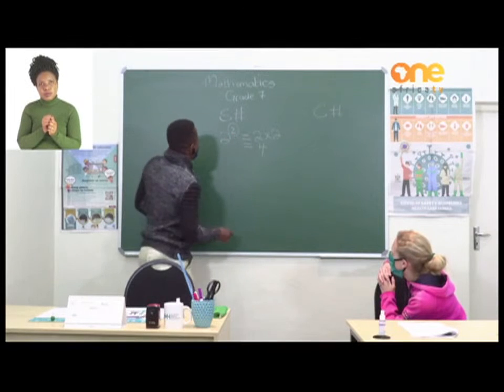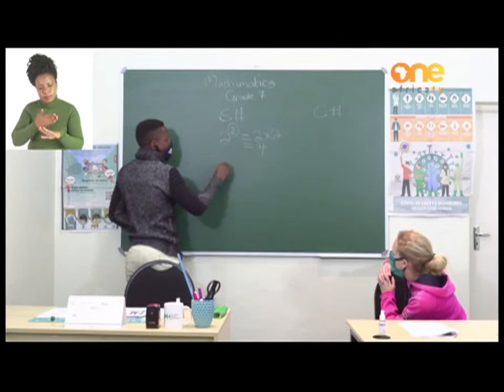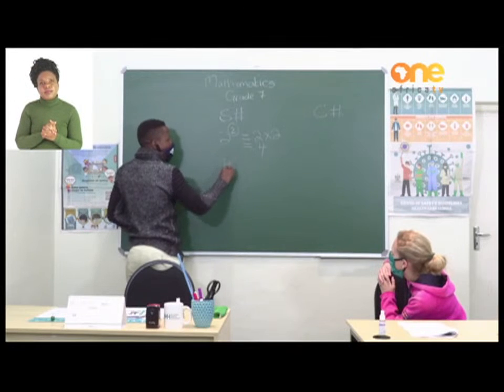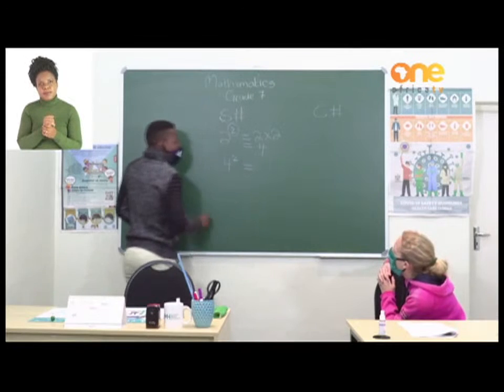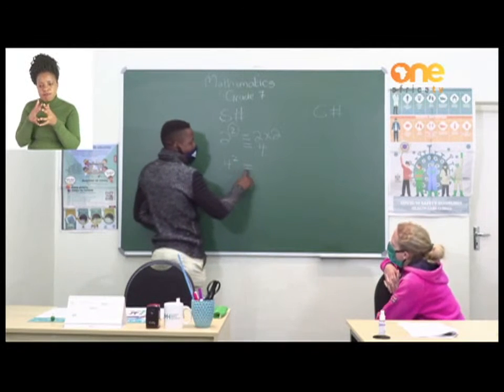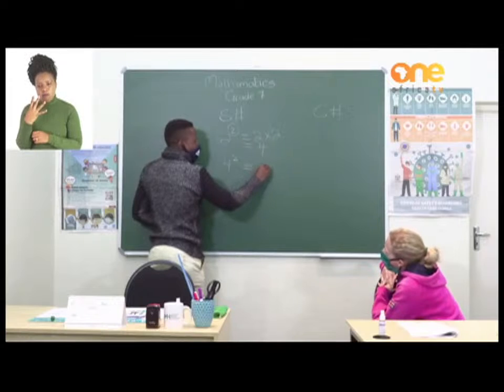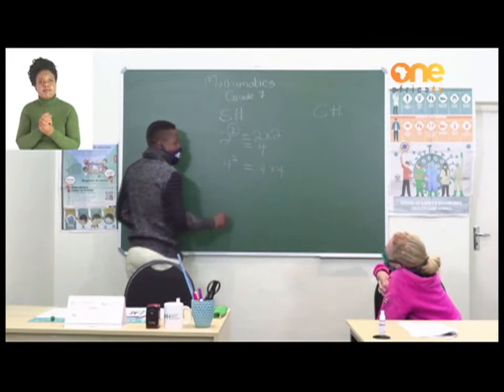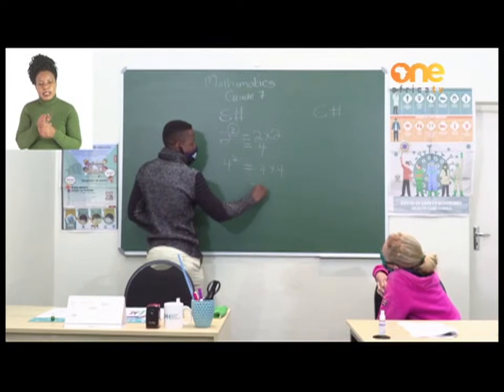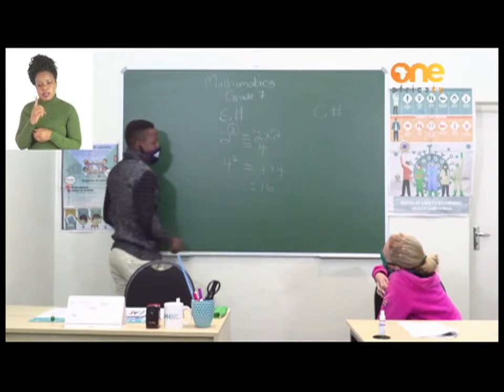I can give another example. For example, we have 4 squared. 4 needs to appear 2 times, so it has to be 4 times 4, and that should give you a 16.